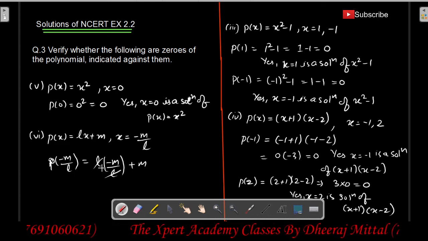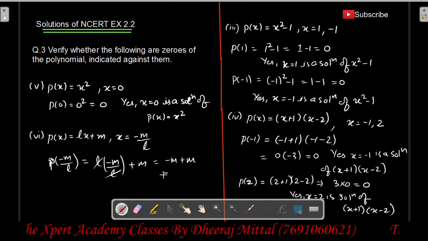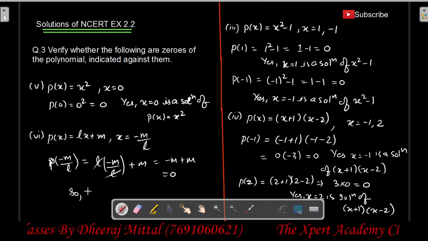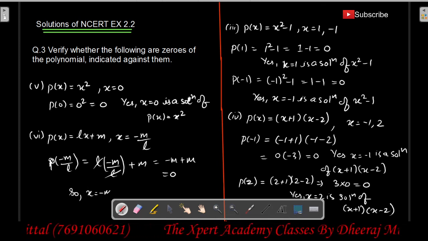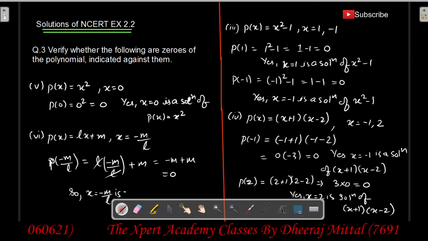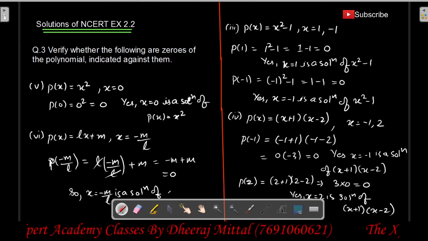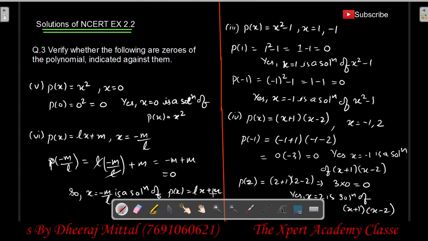So l is cut by l. So it will be minus m plus m, that is equal to 0. So x is equal to minus m divided by l is a solution of px is equal to lx plus m.